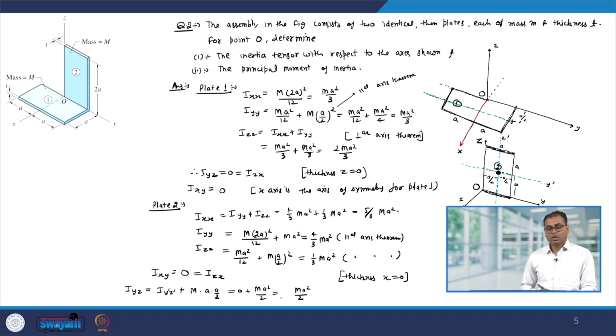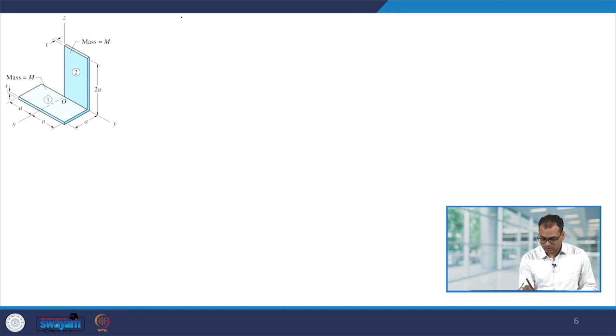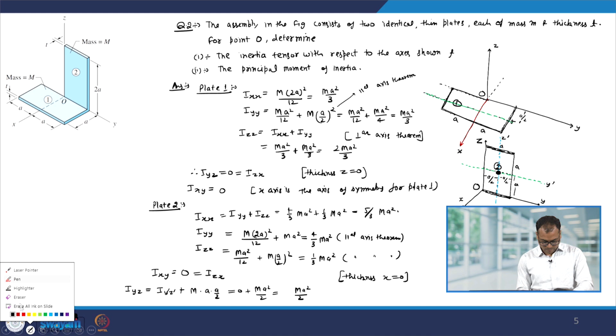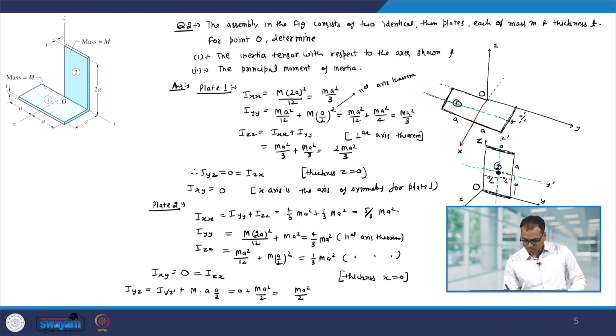So, now we have the moment of inertia and the product of inertia of plate 1 and plate 2. Now, the total moment of inertia and the product of inertia will be, so let me write down, Ixx equal to, Ixx will be equal to this plus that.